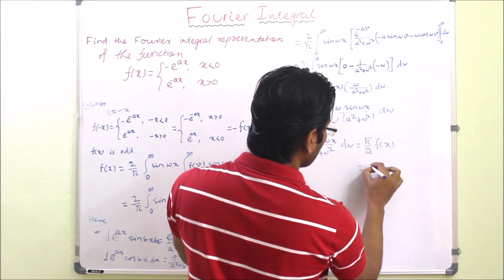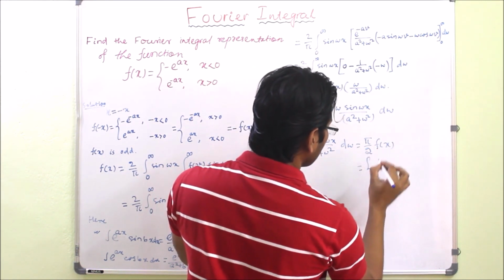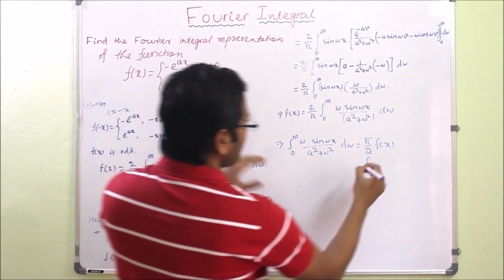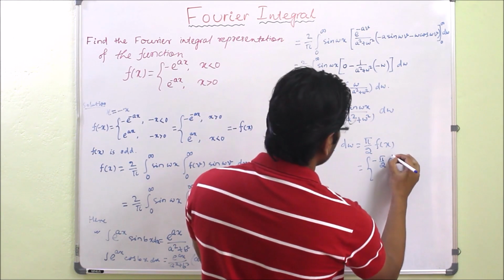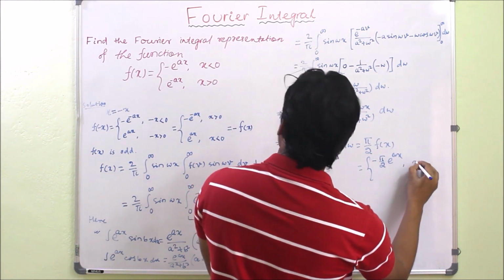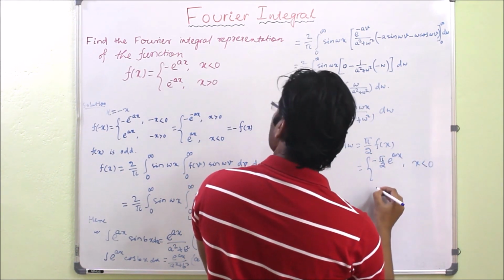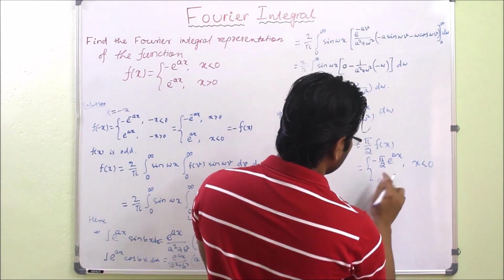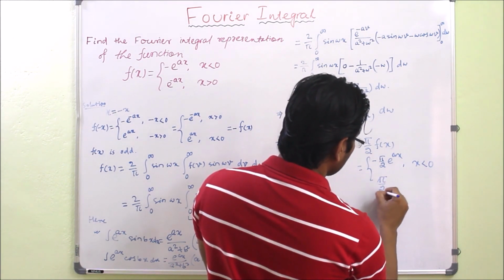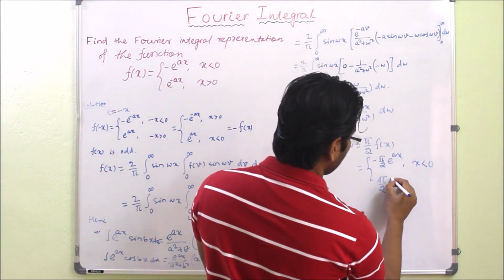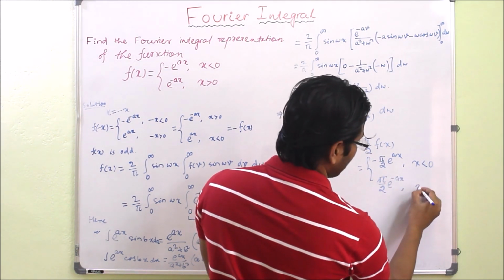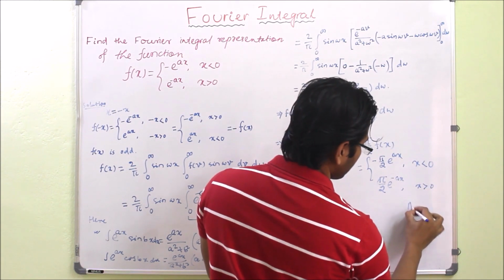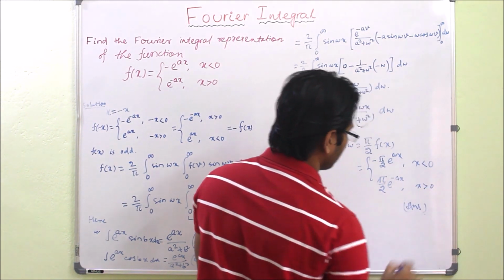But what is pi by 2 times f of x? It will be minus pi by 2 e to the power ax when x is less than 0, and pi by 2 e to the power minus ax when x is greater than 0. So this is our answer.